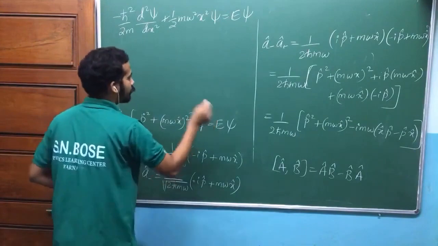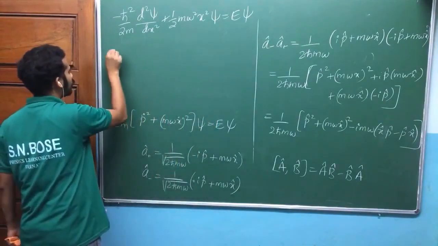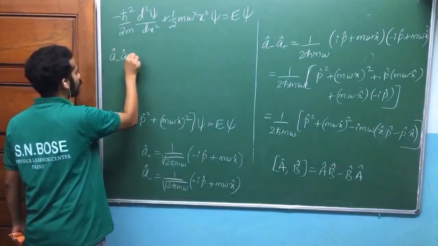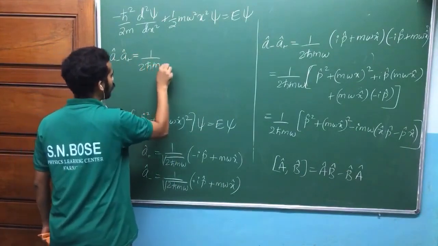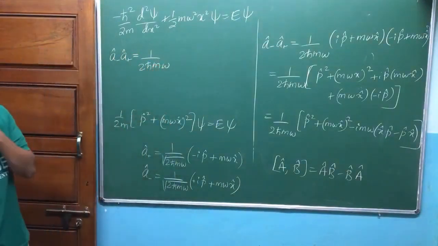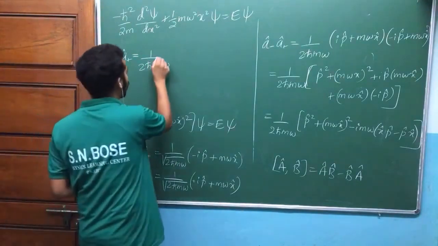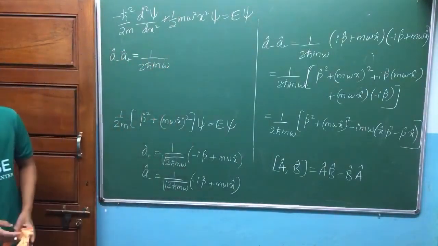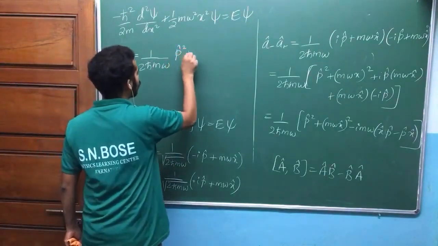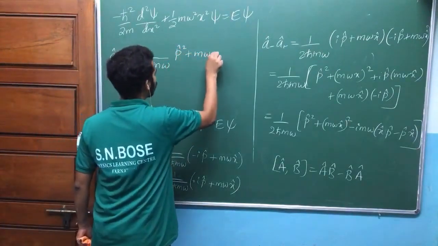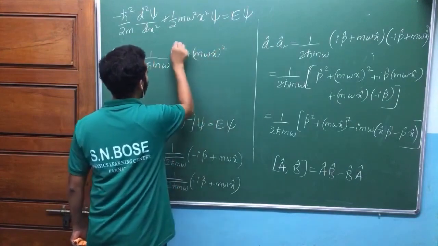And what we write is, we prefer writing a minus cap, a plus cap. That's equal to 1 by 2 h bar m omega, p cap squared plus (m omega x cap) the whole squared.